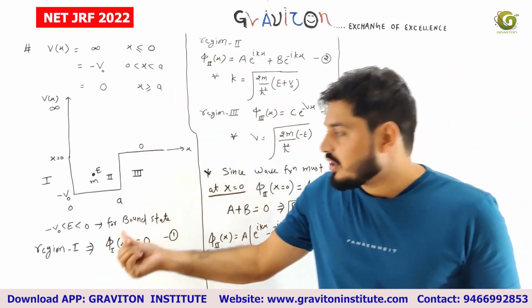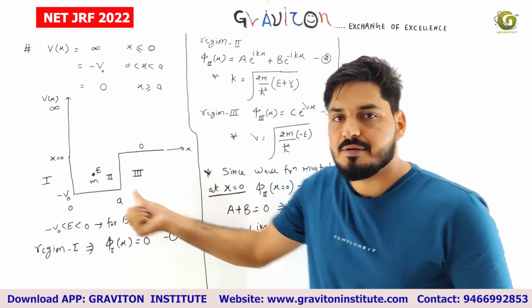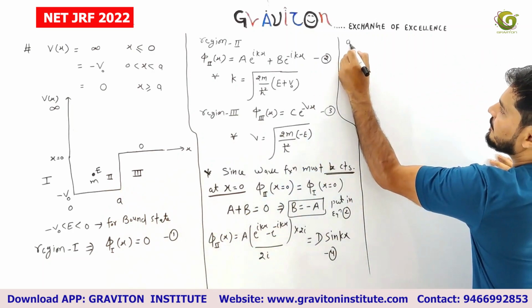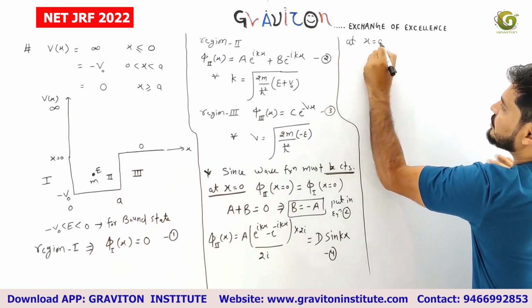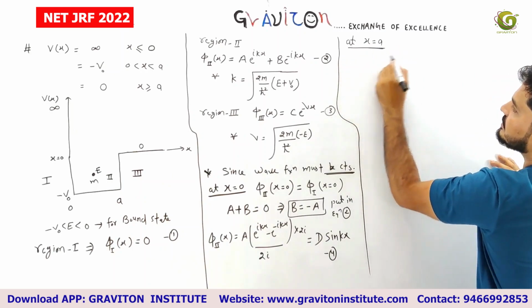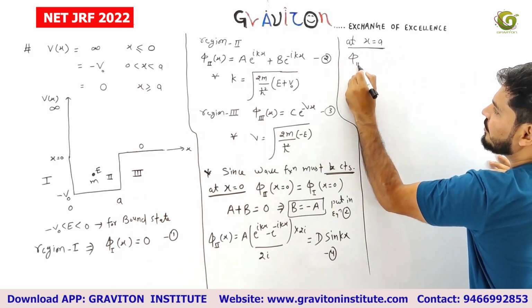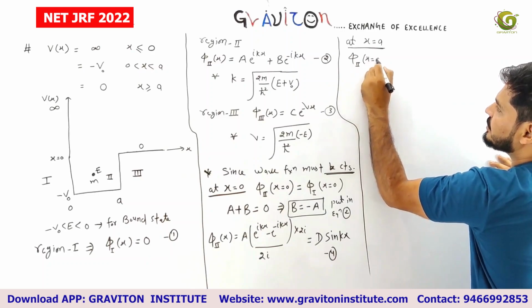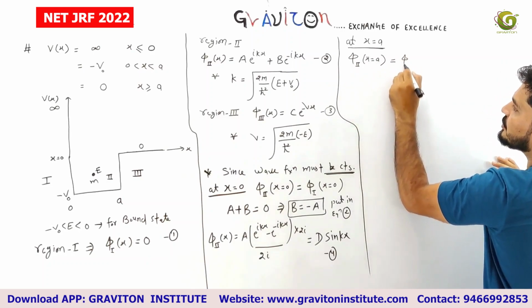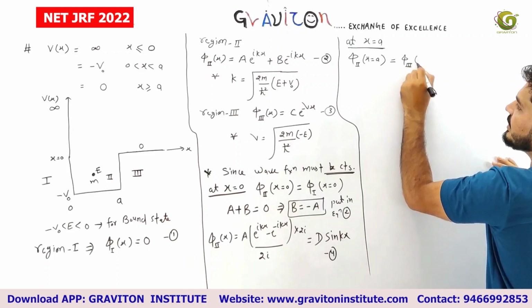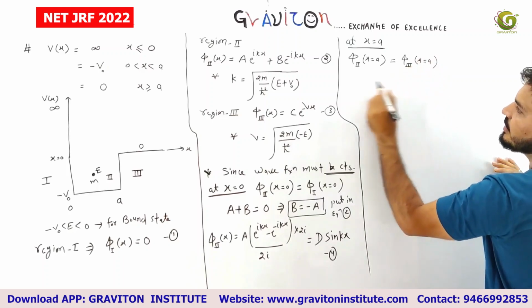Now we will use the boundary condition at x equals a. So at x equals a, the wave function phi 2 at x equals a must be equal to phi 3 at x equals a.